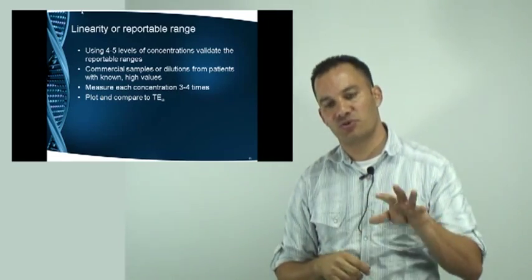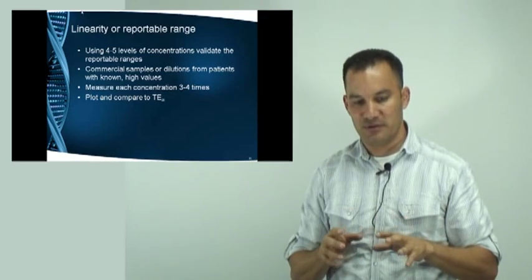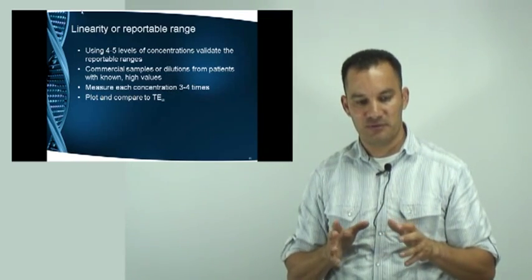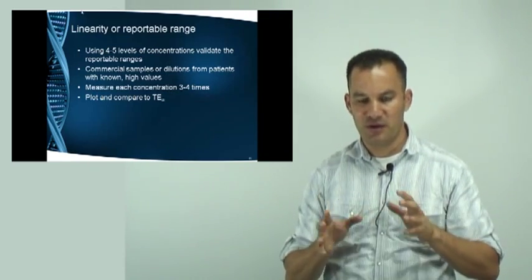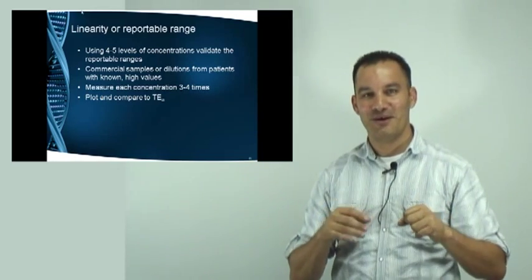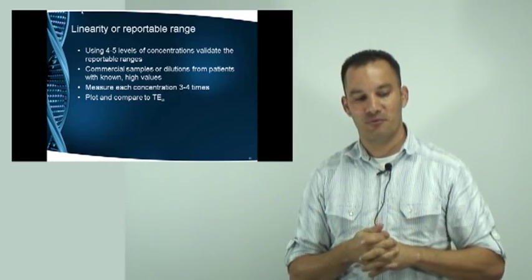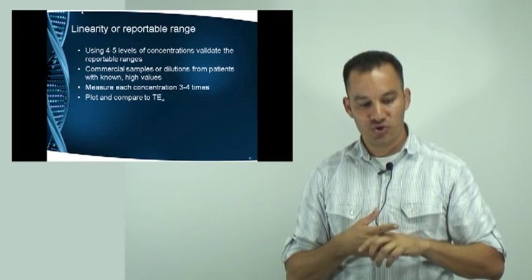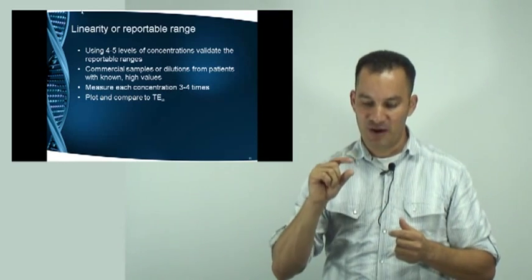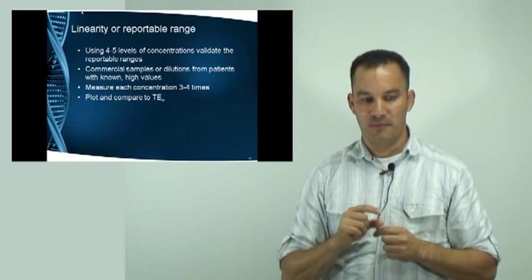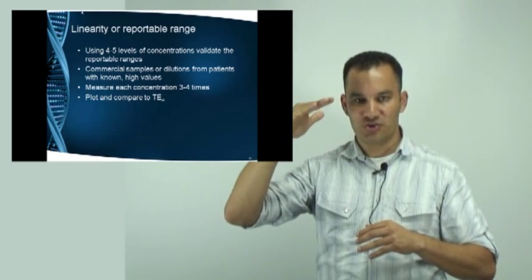That's a concept that is a little bit difficult to explain now without any whiteboard or anything, but you have to realize for yourself that some methods have a very, very tight biological variation.